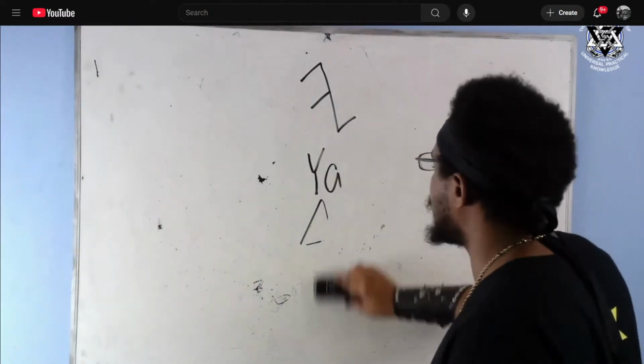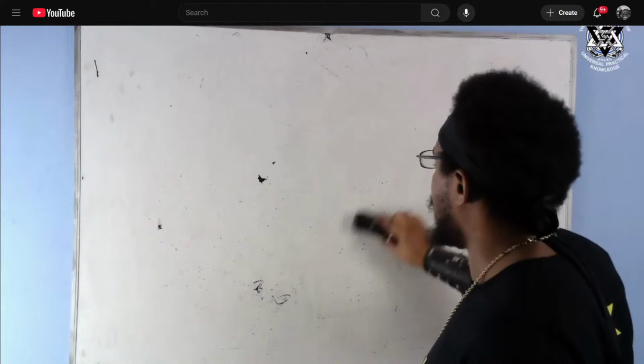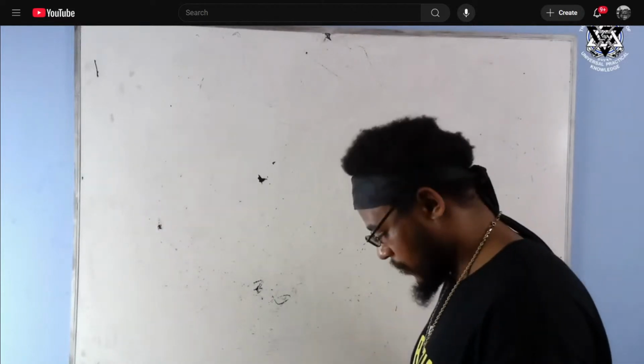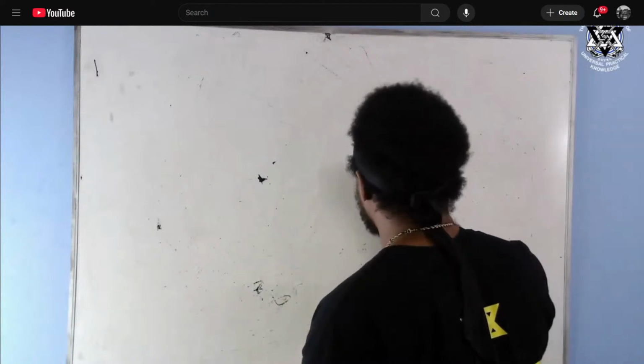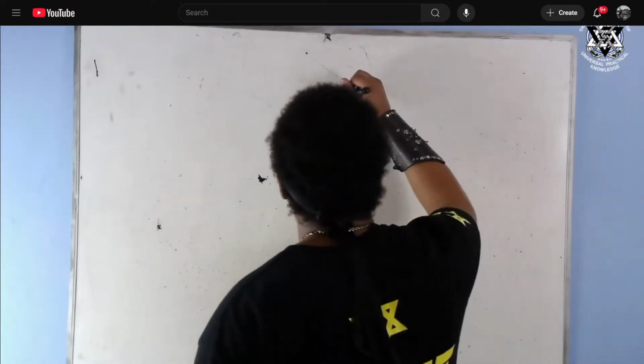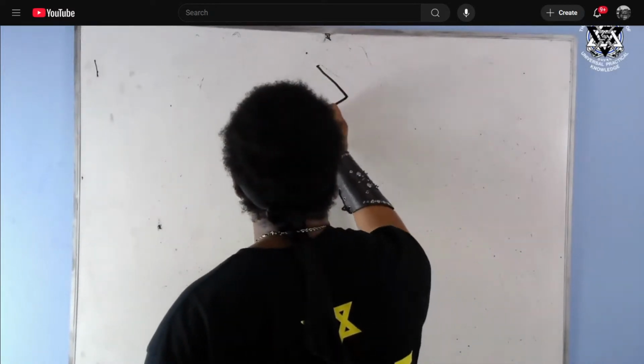And then when the single connector comes up, I'll explain that as well. So the next character is Ka. That was the plural.